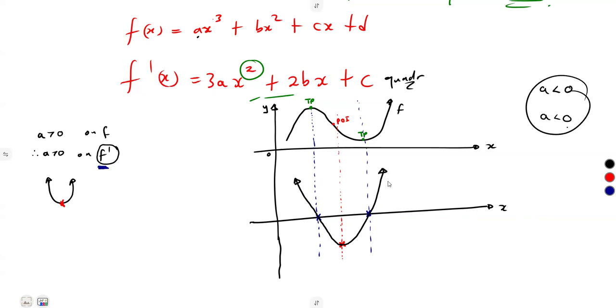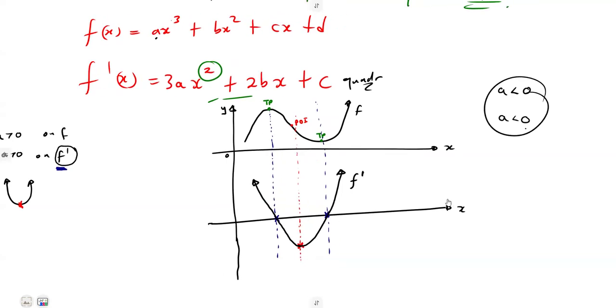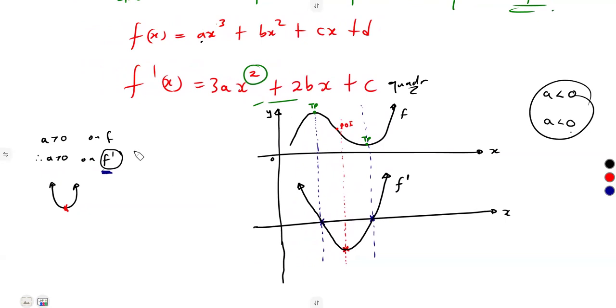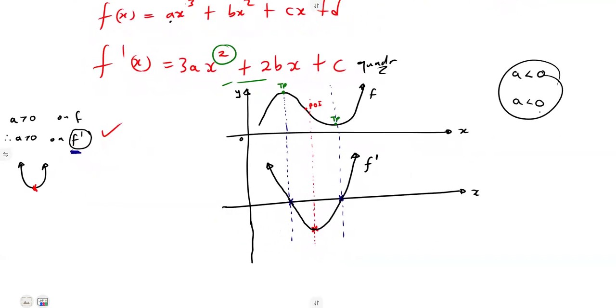This is the graph of what? The first derivative, which is a quadratic. It was taken from a cubic function. So these two, they correspond the value of a from a cubic. If it is positive, on the first derivative, which is a quadratic, it is also positive. And the main aspect is here on the turning points. What is representing the value of x at your turning points of the f of x?